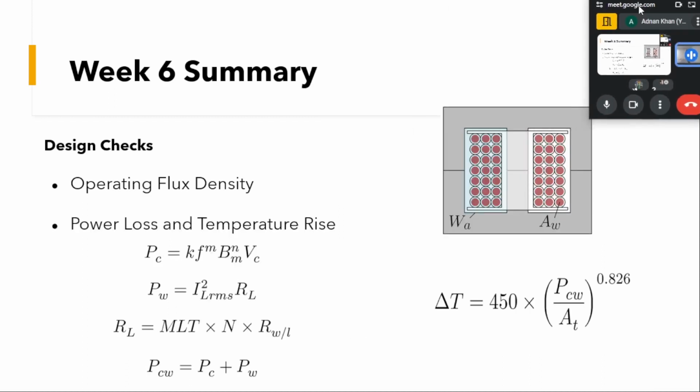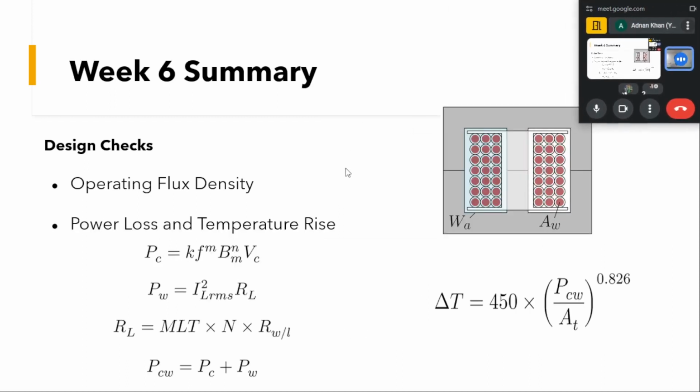The other thing we have to look at is, once we check this operating flux density, then we have to check the power loss. As we have seen earlier, because of the Steinmetz equation, we can calculate the core losses.